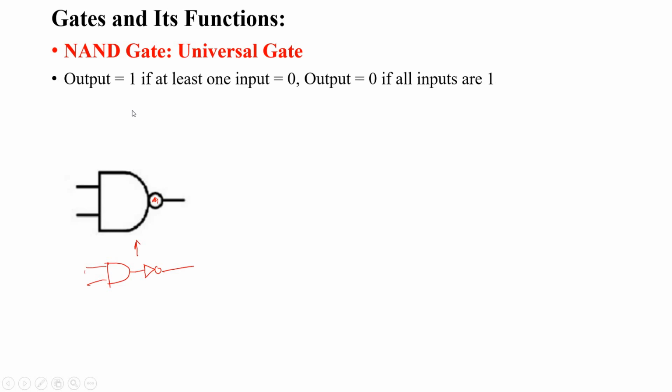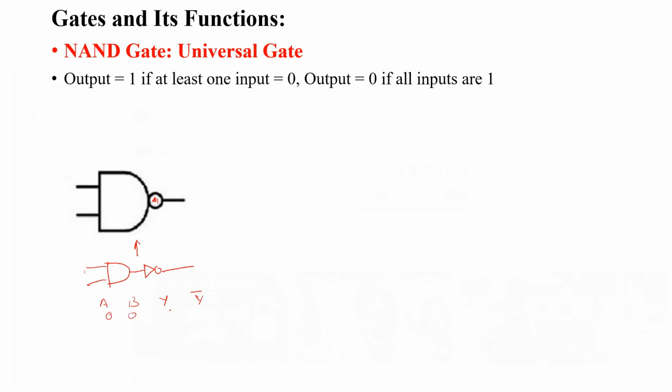So output is 1 when at least one of the inputs is 0, and output is 0 when all inputs are 1. You will be getting exactly the opposite of the AND gate. So in the truth table, we know the AND gate with inputs A and B and output Y, and we may call Y bar the output of the NAND gate.